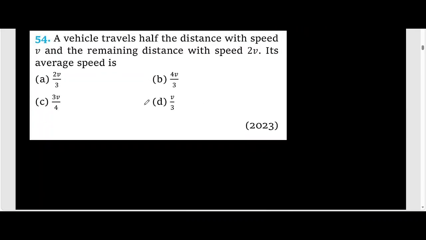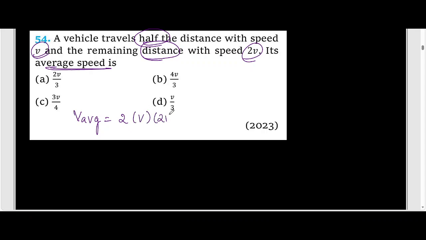A vehicle travels half the distance with speed v and remaining distance. So what will be the remaining distance? Another half, right? First half is done, so the remaining is again half with speed 2v. Its average speed is, again same formula, v average is 2 v1 v2, v1 is v, v2 is 2v, divided by v1 plus v2.